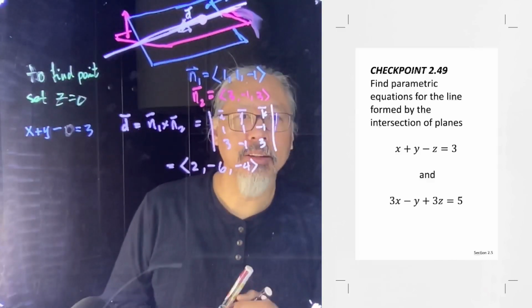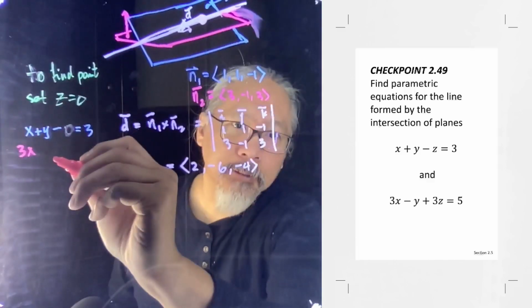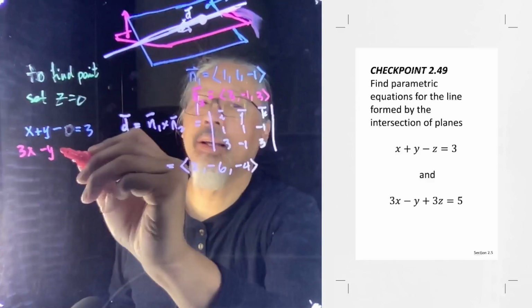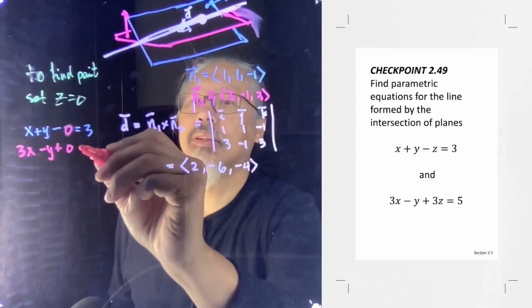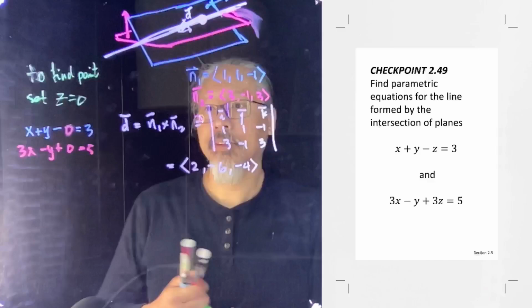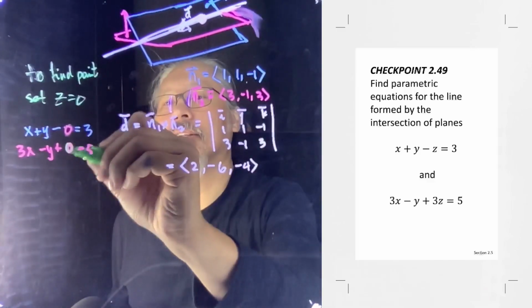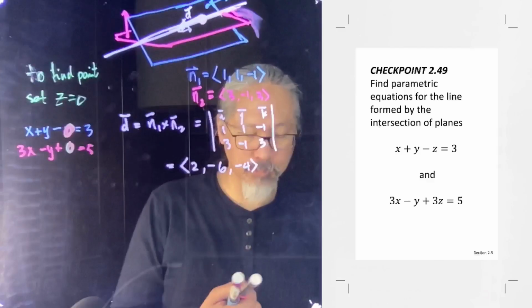And then the other equation of the plane is 3x minus y plus 3z is equal to 5. Okay, so with z set equal to 0, the z terms disappear.